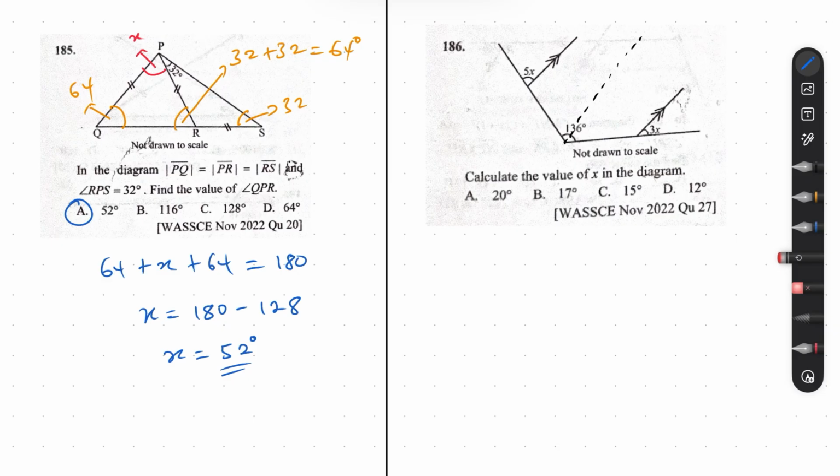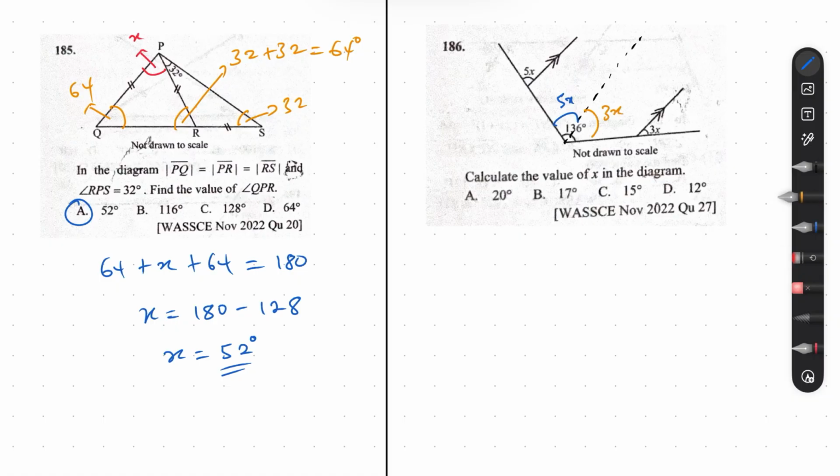This angle would now correspond to this angle. If we draw this line and it is parallel, that means we can have corresponding angles. So this angle now is 5x. Similarly, we can have a second corresponding angle. This angle and this angle are corresponding, so they will be equal.